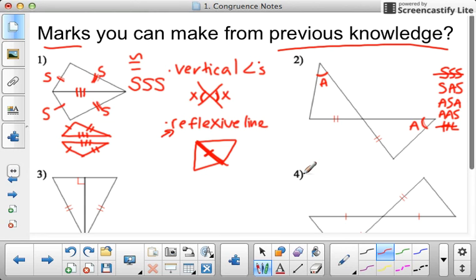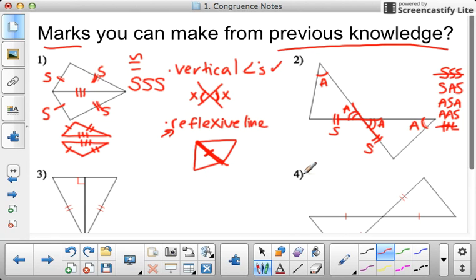So now what I've got to figure out is which one of these three in the middle. So I notice I've got tick marks here. All right, that doesn't eliminate anything else. However, I do see an X forming. This angle is congruent to this angle across from it. How do I know that? Because they are vertical. So I added two tick marks because it's not congruent to the one tick mark above. So this is an angle, this is an angle, this is a side, and this is a side. So what I need to figure out now is, is it side, angle, angle, or angle, angle, side?